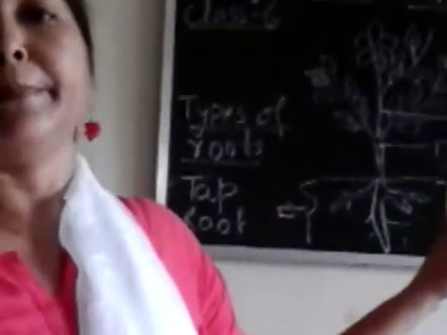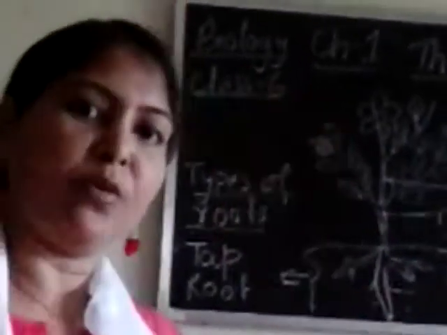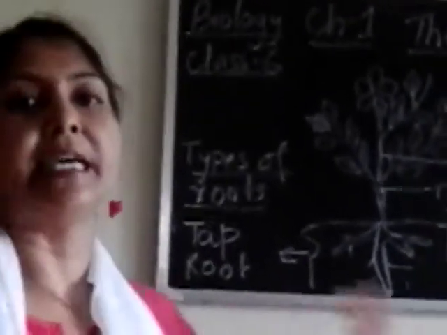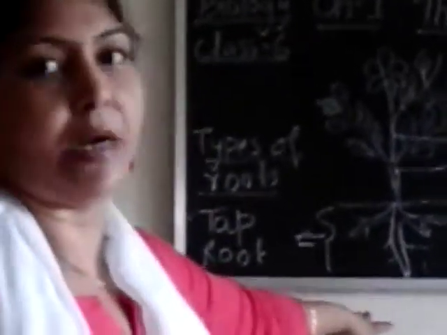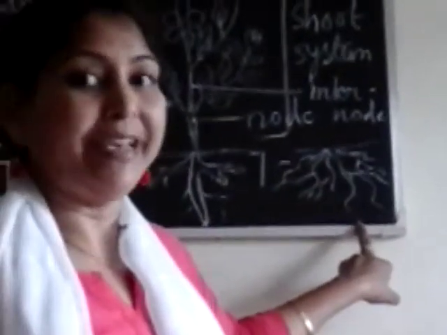In tap root, what happens? In tap root there is one main root, and from the main root the branches are arising, which are also known as secondary roots. So this is one type of root, and this one is another type of root which is called the fibrous root. And why is it called fibrous?